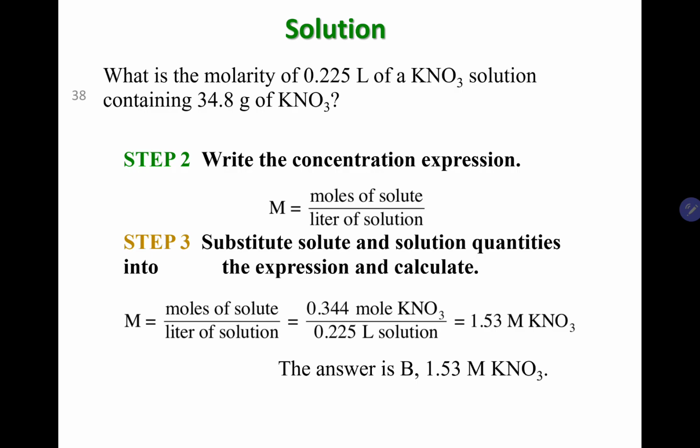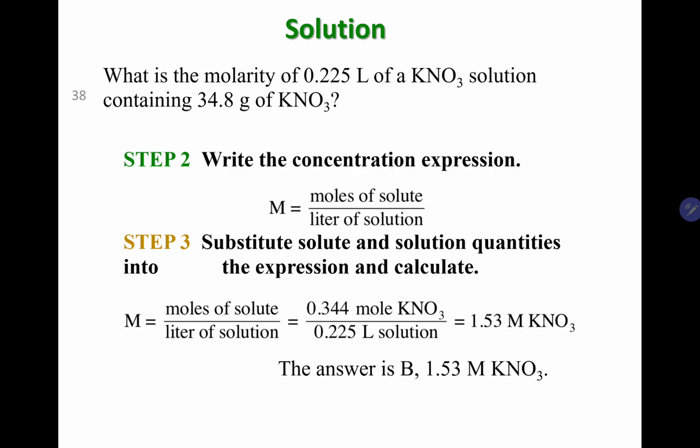I'm sorry, I think I made a mistake. The molarity is 1.53. I think I punched the numbers incorrectly, but if you punch the numbers correctly, you will get the molarity as 1.53.